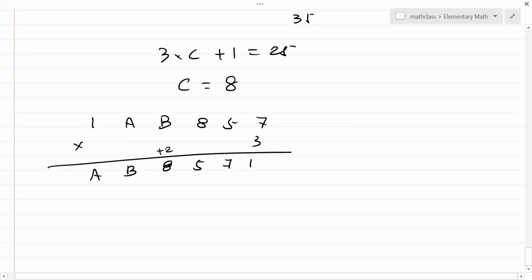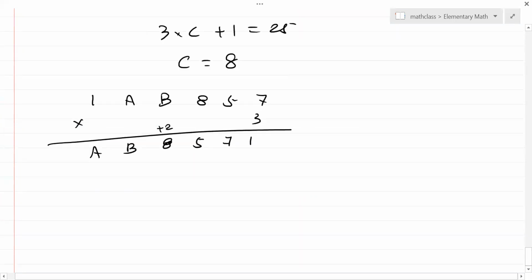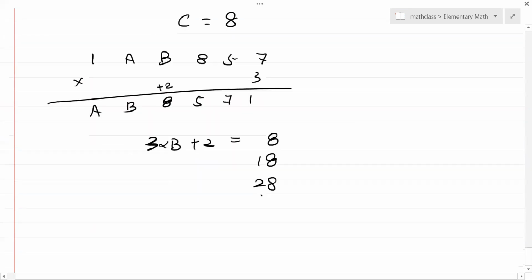Then you get B, step by step. 3 times B plus 2 should be equal to 8, 18, 28, and so on. Which one is possible?